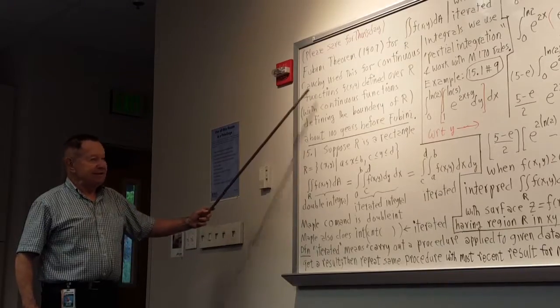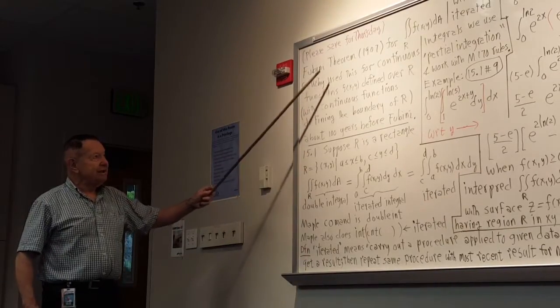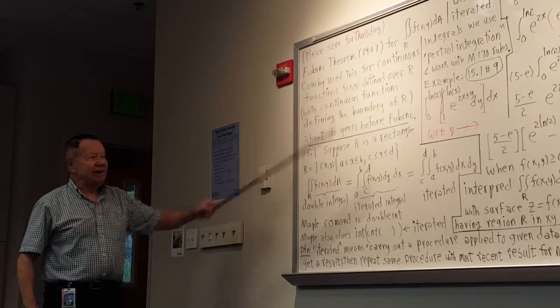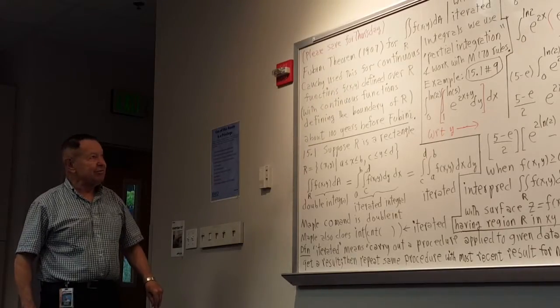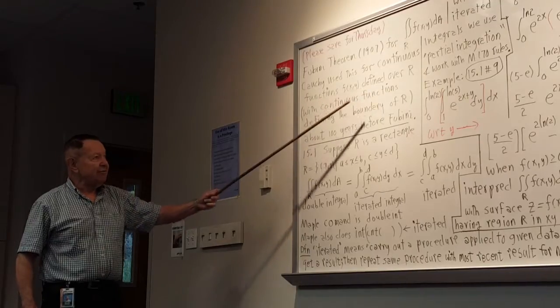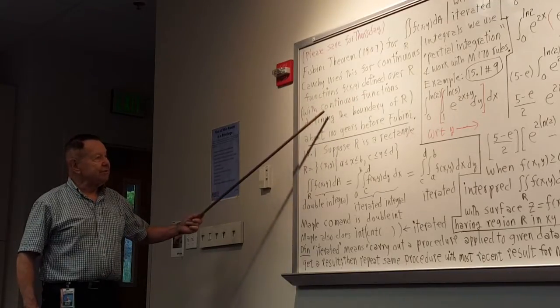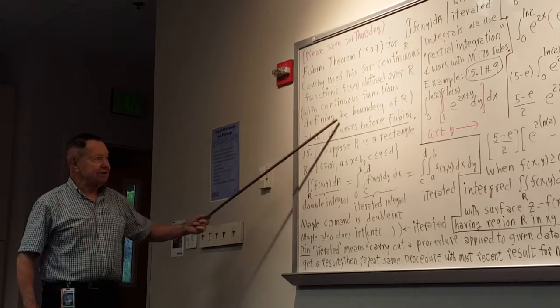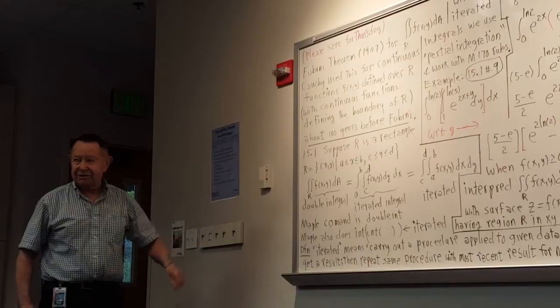Cauchy, as I have mentioned, used this without ever having actually published a proof for continuous functions defined over a region where you also had continuous functions defining the boundary of the region.